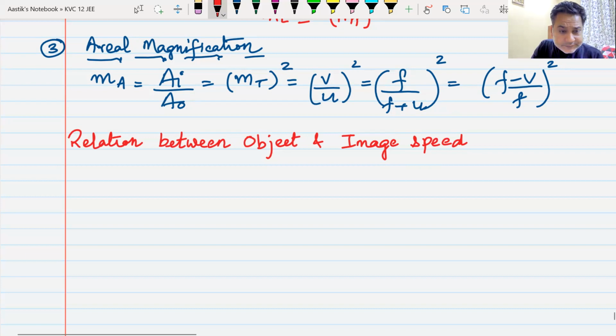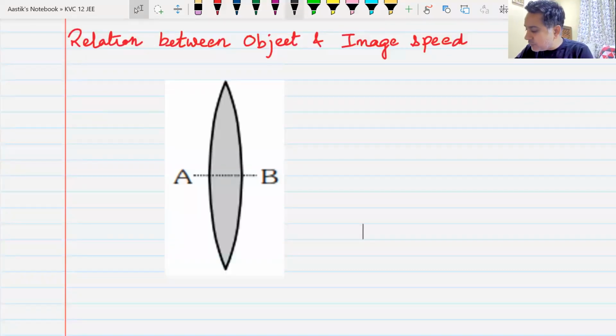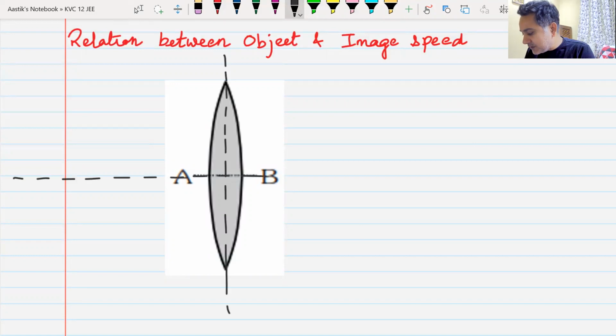No one seems to remember it. Okay, so let me make a case. This is my optical axis and this is my principal axis. 2 VM equals VI plus VO. That was for the plane mirror.